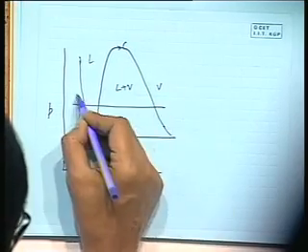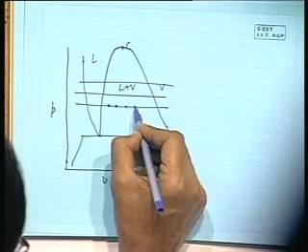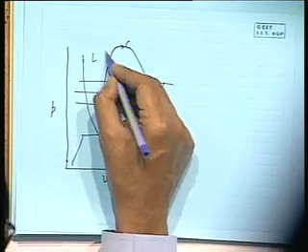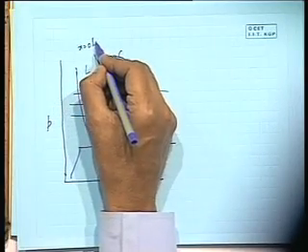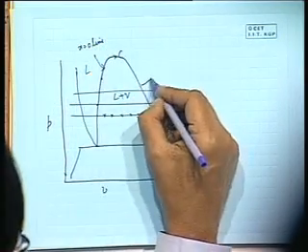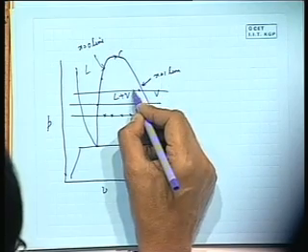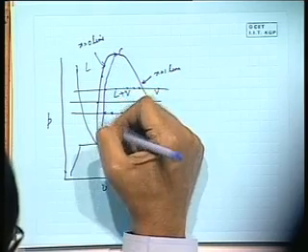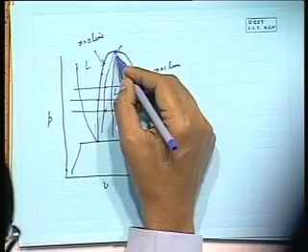At any pressure we have a specific volume depending upon the value of x. This is the x equal to 0 line, and this is the x equal to 1 line, and in between we have different x. So we can draw loci of constant x with different values of x.